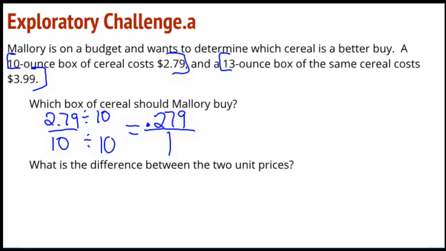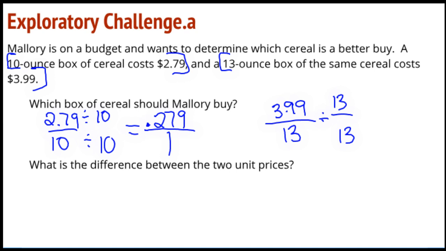For the 13-ounce box, I've got $3.99 per 13 ounces, and I need to scale it down by dividing by 13. And in class, we'll have calculators for this, so if you need to use a calculator, go right ahead. If you want to practice your division, go right ahead.